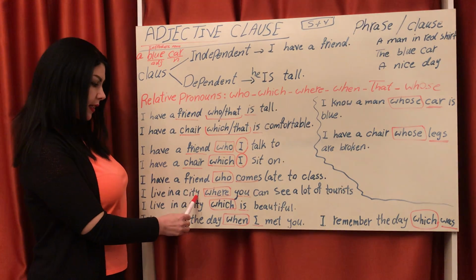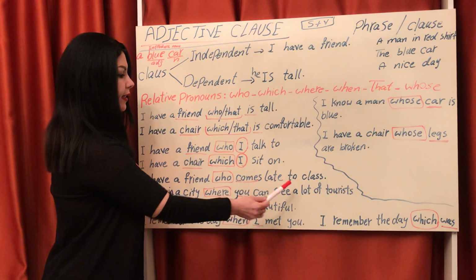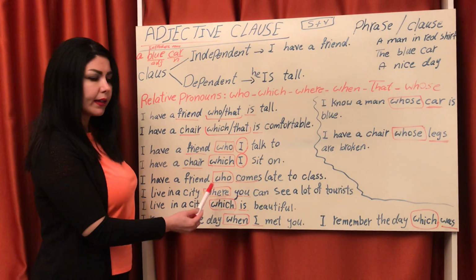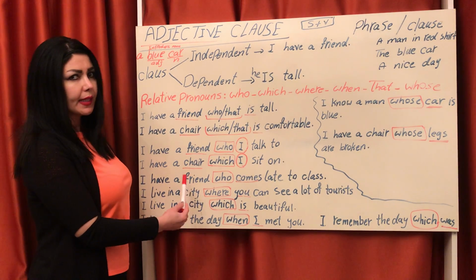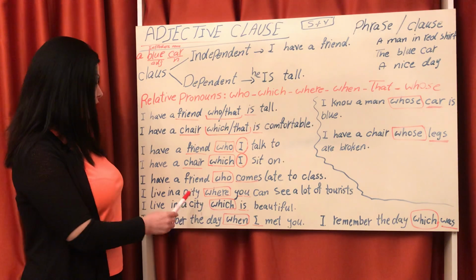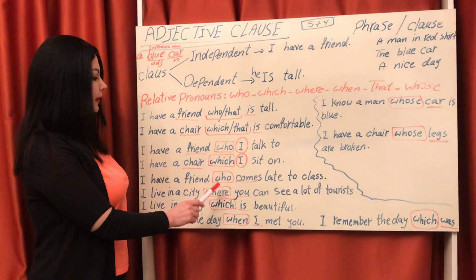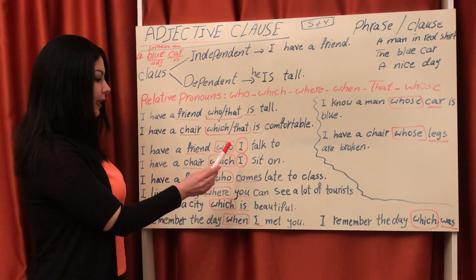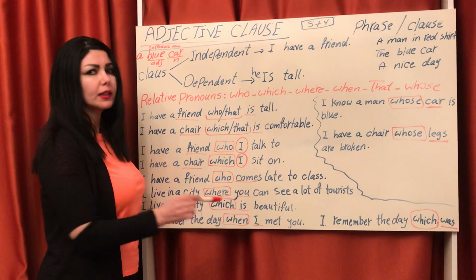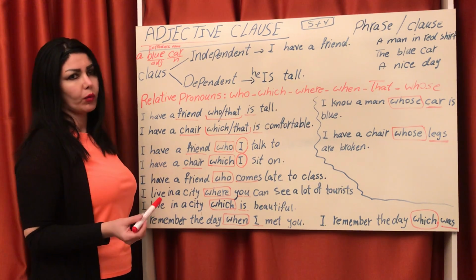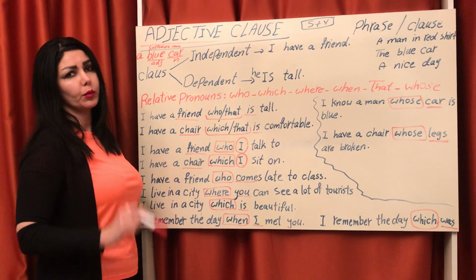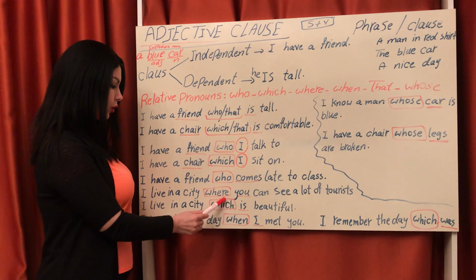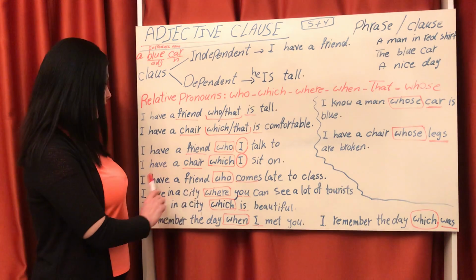Why do we use where? Because of city. City is a place. And we have to care about this: after where, we just use a subject or noun. We can't use a to be verb.